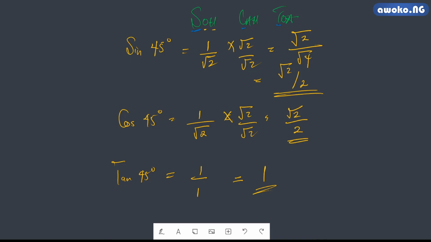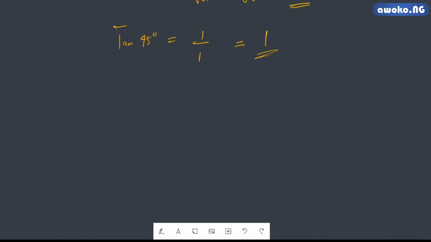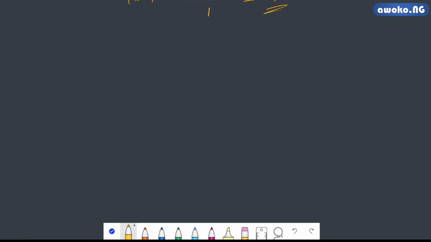We can consider the special angles 30 and 60. And the assumption we are going to consider is an equilateral triangle. This is for special angles 30 degrees and 60 degrees. Like I said, the assumption we're going to consider is the equilateral triangle.